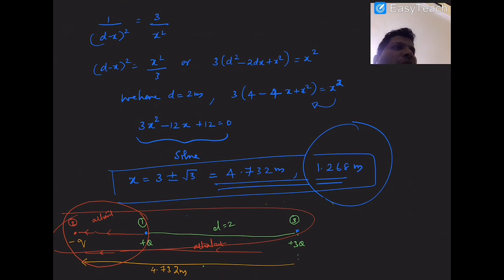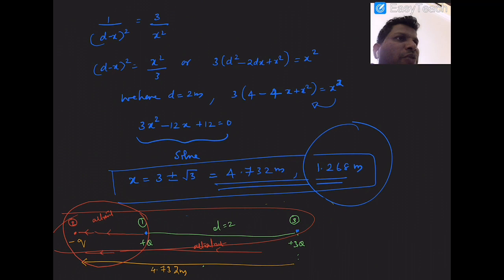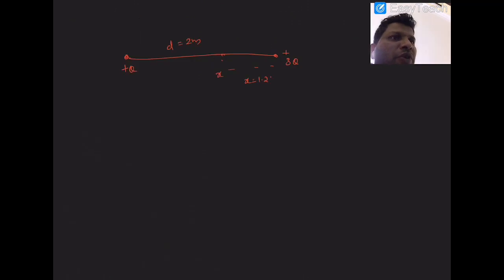Now we will see the second case, 1.268. So this is your plus q and this is your plus 3q charge, separated by a distance d, which is equal to 2 meter, and x now you have got as 1.268 meter. And this is your charge minus q.